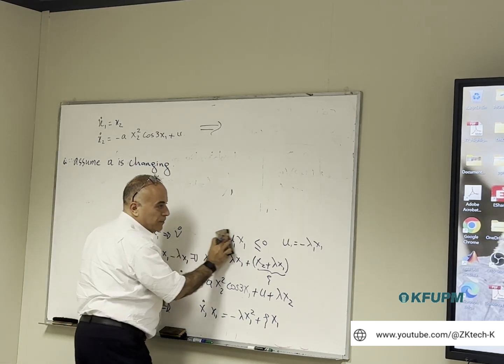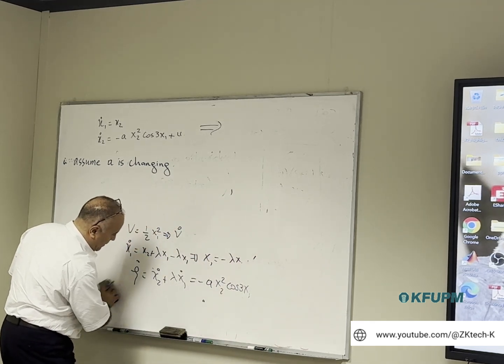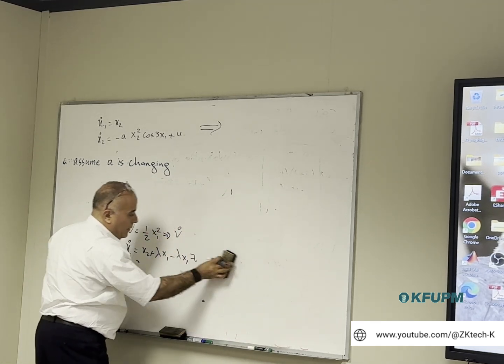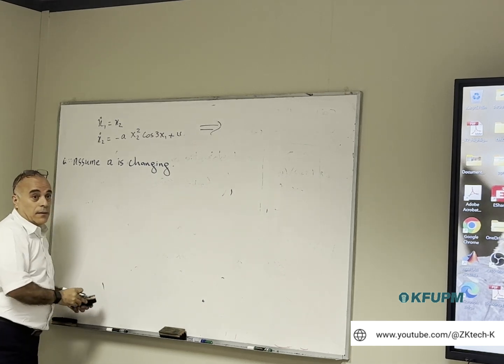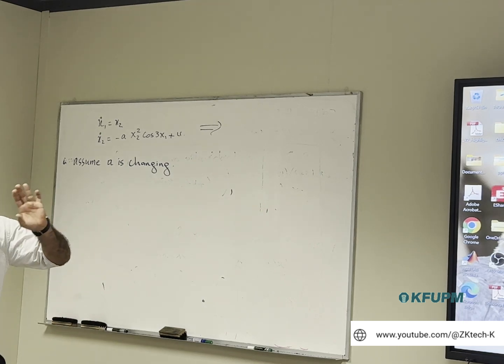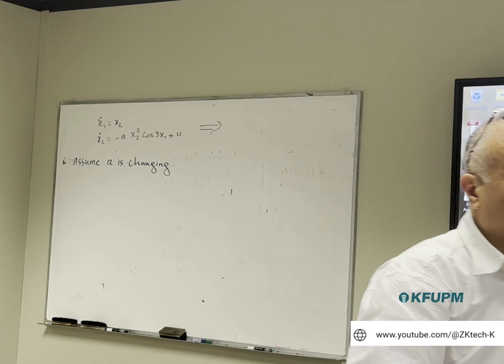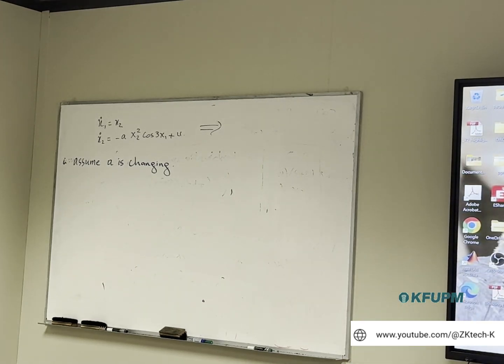What should I do? Adaptive feedback. Because here A is constant, or it's unknown. A is not a fixed value, it can change based on time, or whatever it is. Okay, changes.